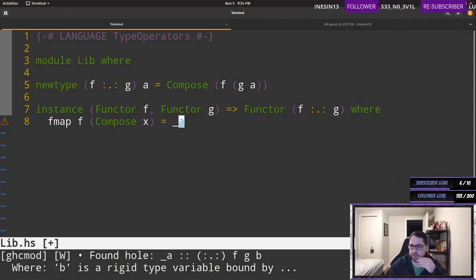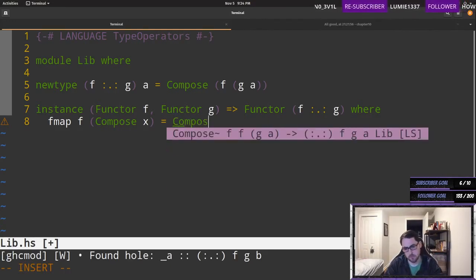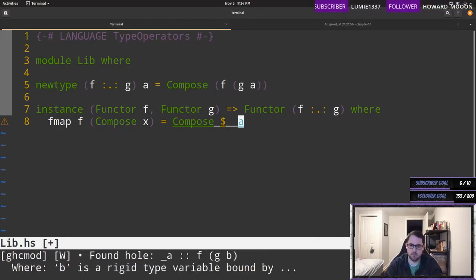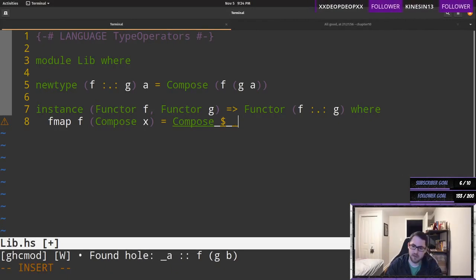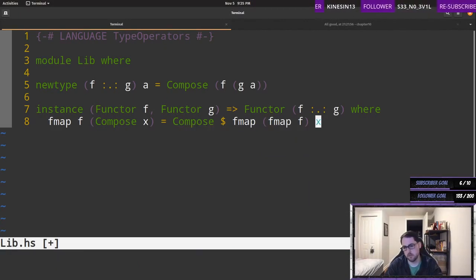Ooh. fmap f x. Isn't this the same as this?